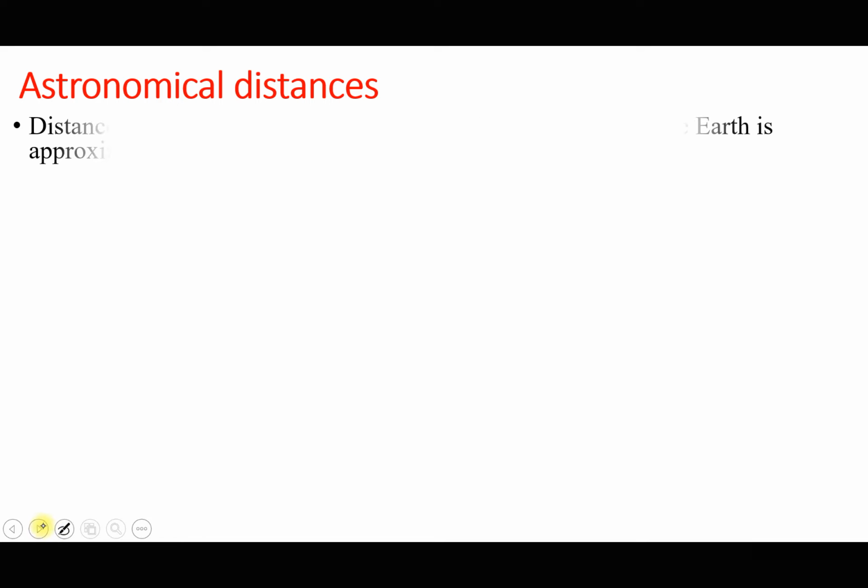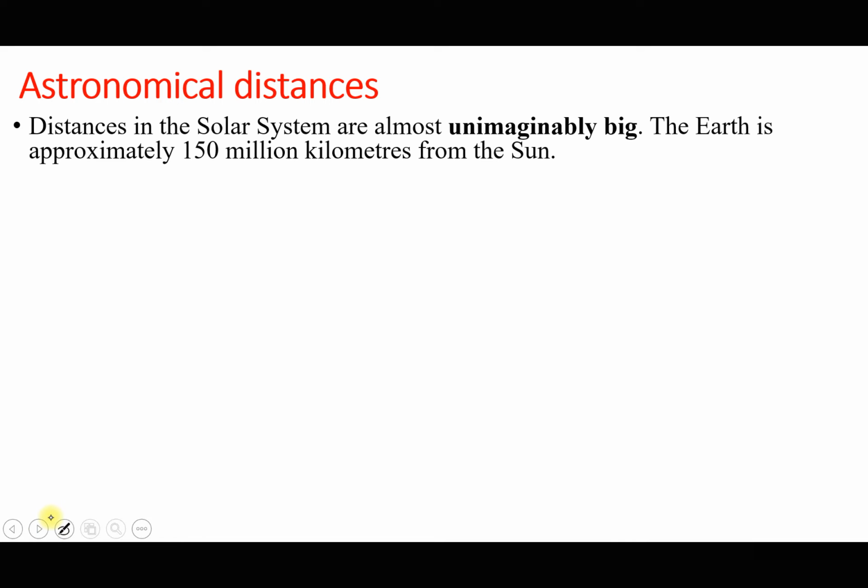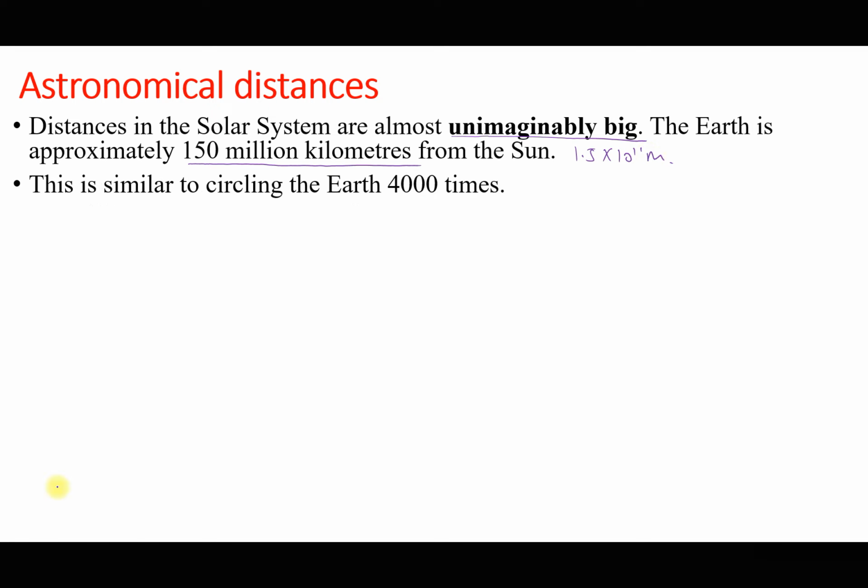So our distances in the solar system are almost unimaginably big. The Earth is approximately 150 million kilometers from the Sun, which is 1.5 times 10 to the power of 11 meters. This is similar to circling the Earth about 4,000 times.